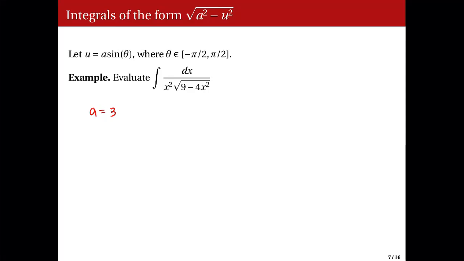That is our u: u is 2x, or u squared is equal to 4x squared. So instead of just using x in your substitution, we will use 2x. This 2x is the one equal to 3 sine theta.